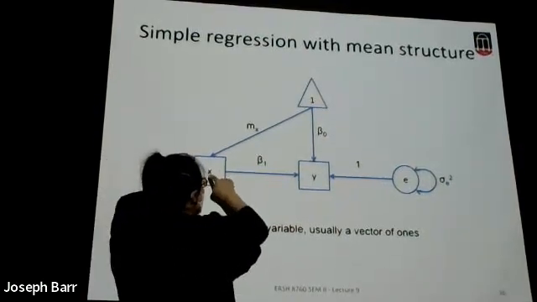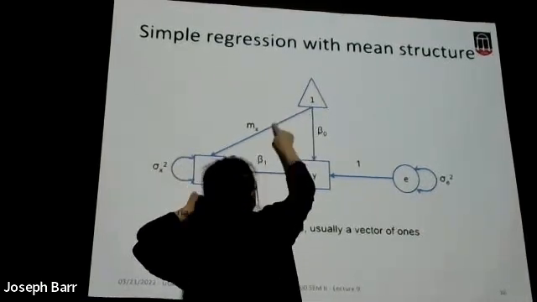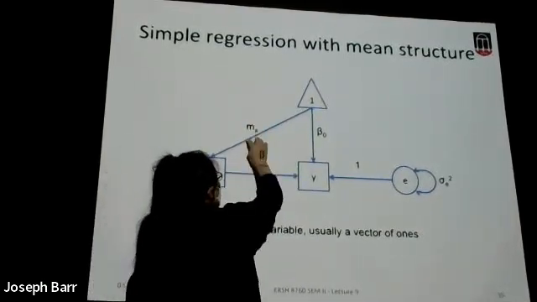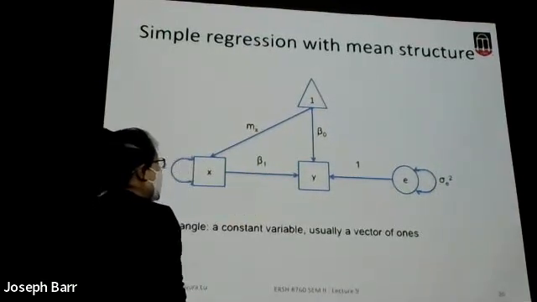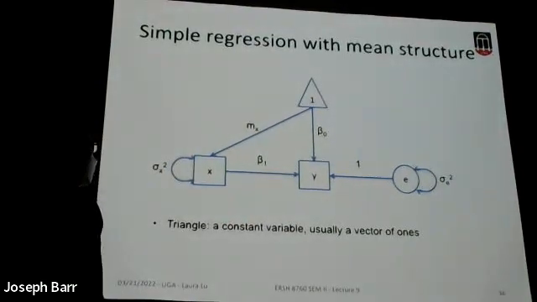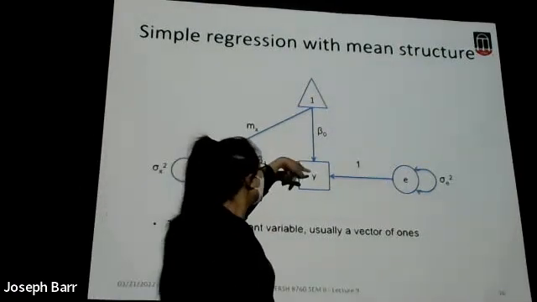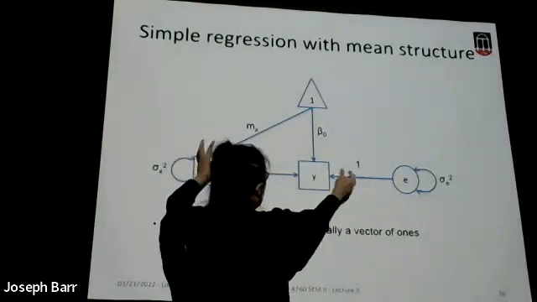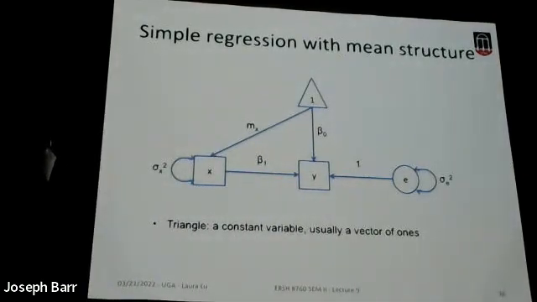So from 1 to x, we assume the mean of x is mx. And the mean of y here. Combine this together, and of course the previous beta 1, and we have the path diagram of a simple linear regression.